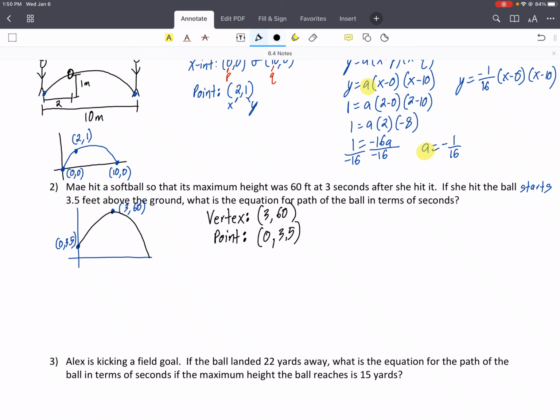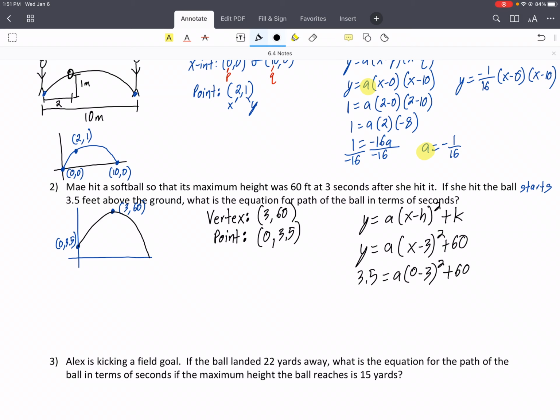So now we're going to just use our vertex form where we have y is equal to a times x minus h squared plus k. Plug in our vertex, so we get y is equal to a times x minus 3 squared plus 60. Plug in our point, so we get 3.5 equals a times, oops, that's not going to be x, that's going to be 0 minus 3 squared plus 60.